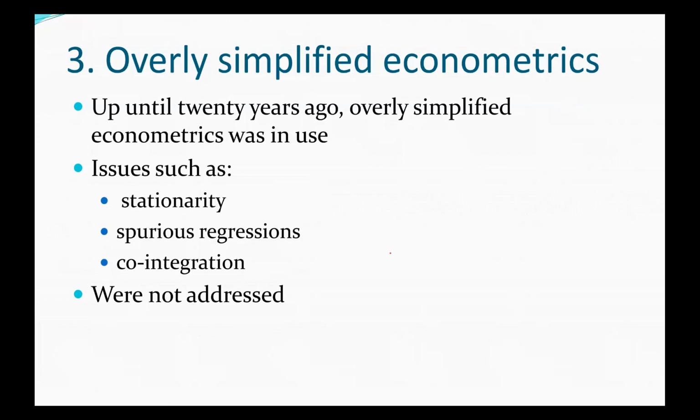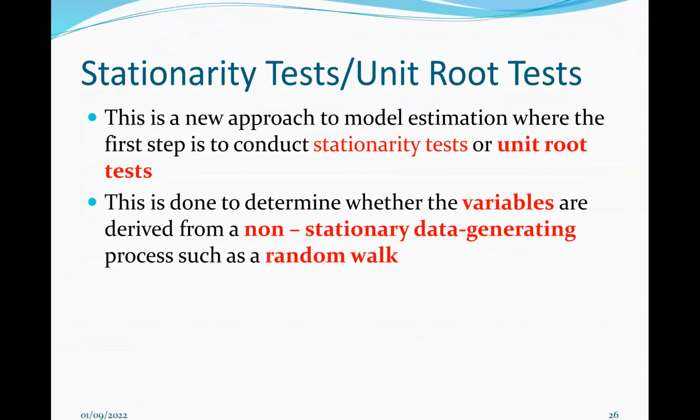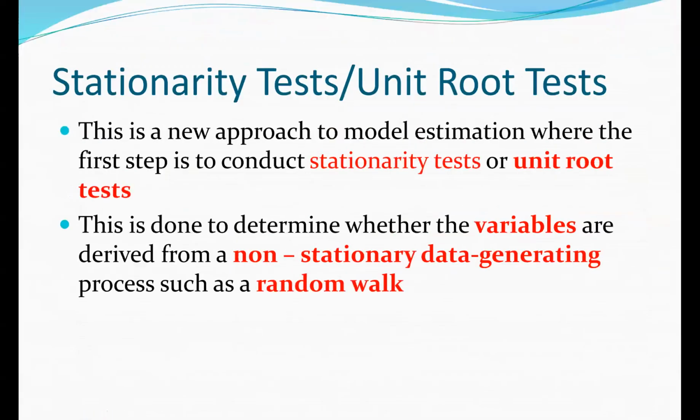And it had issues such as stationarity for time series data, spurious regression, and co-integration, which were not addressed. These problems you find in econometrics were not addressed for that.